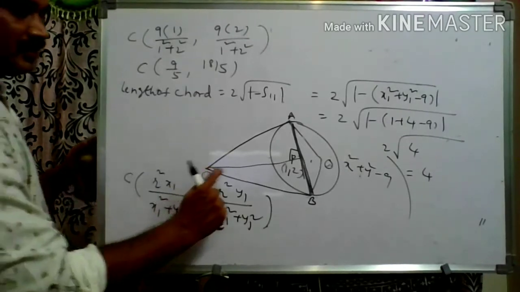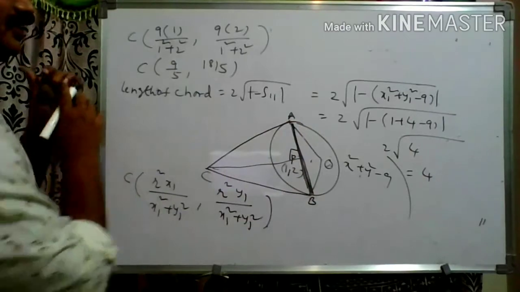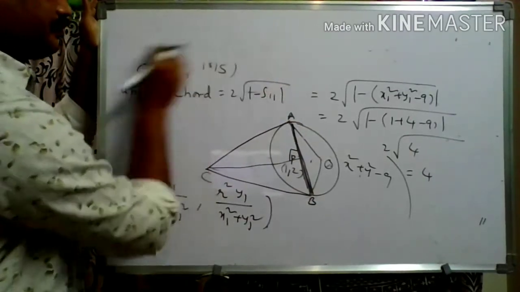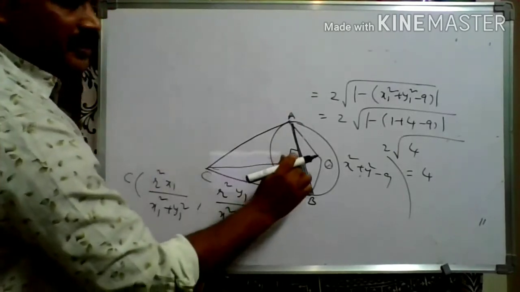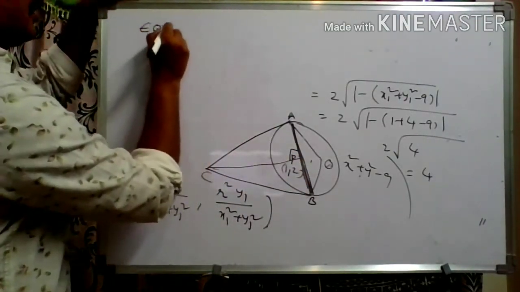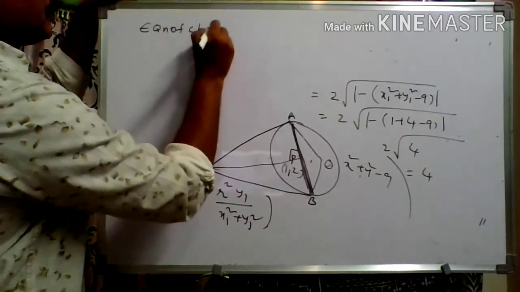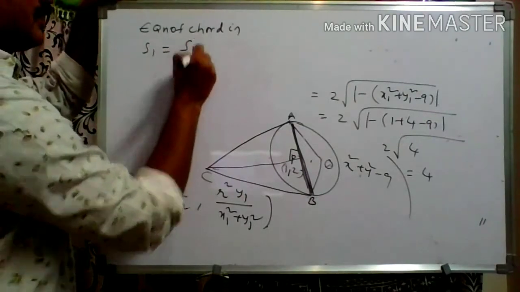Students, next calculate the height. First calculate the chord equation. 1 comma 2 is the midpoint of the chord, so the equation of the chord is S1 is equal to S11.